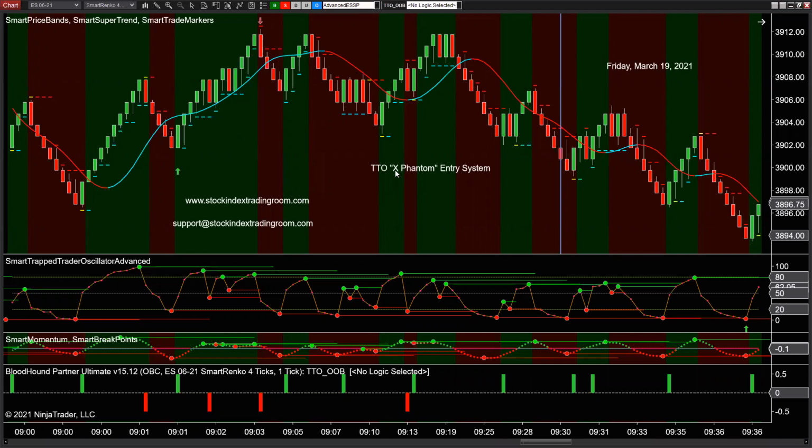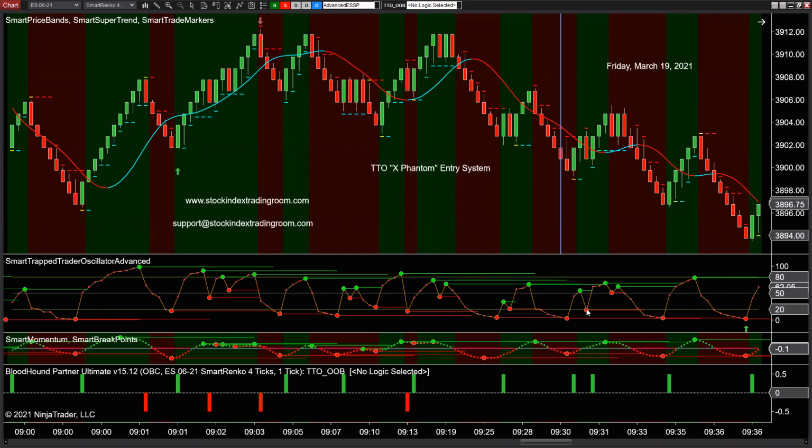And so now we're going to look at X, which simply means Trapped Trader Oscillator is in an extreme. And so we don't have to guess. We've created a template that is embedded into Bloodhound, and it reads this green line and this green line, 80 and 20.